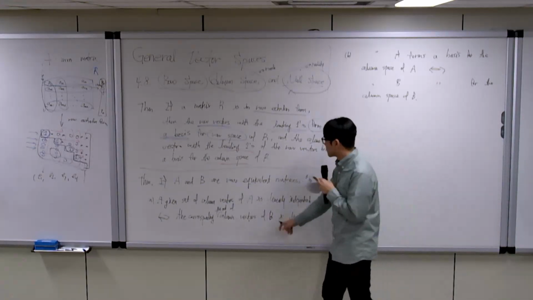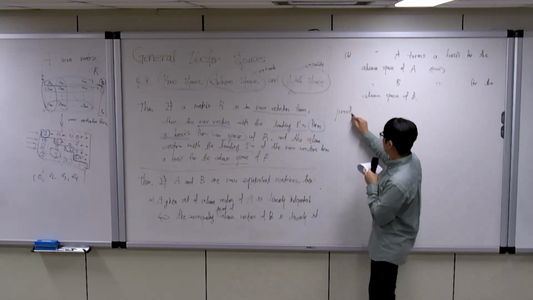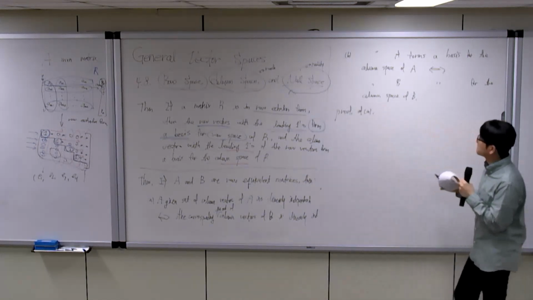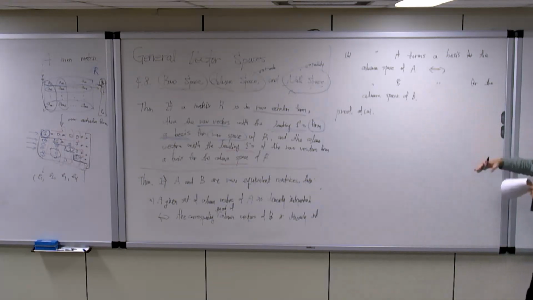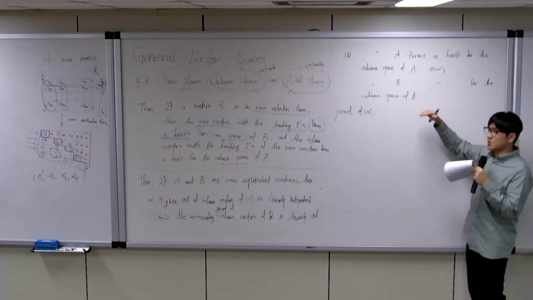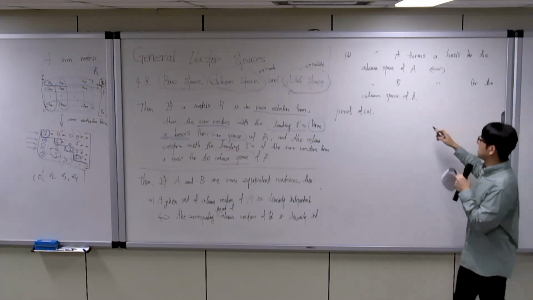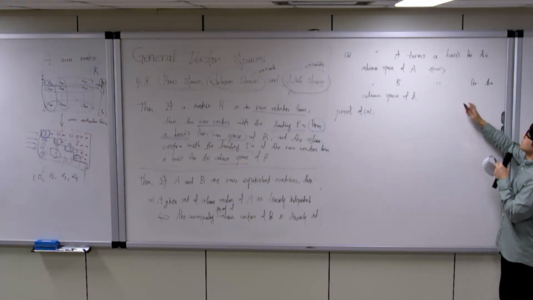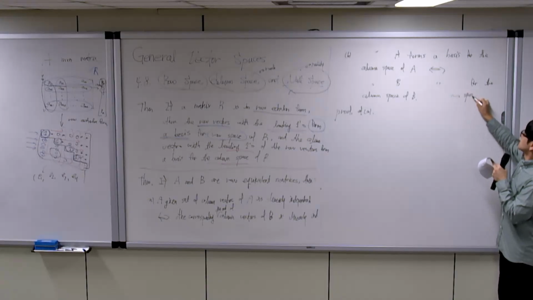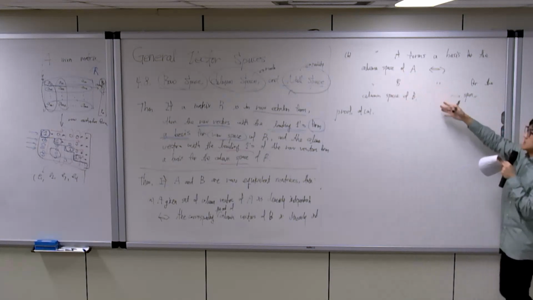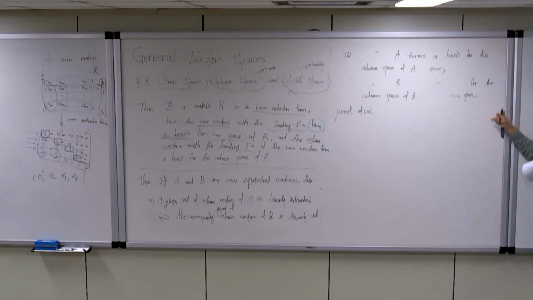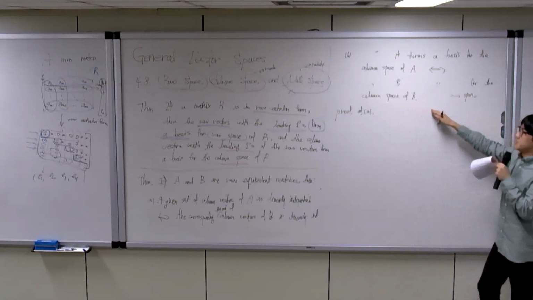Then I will prove just the linear independence part. Elementary row operations will change the column vectors, but when you consider the column space, the span of the columns of A goes to the column space of B, because the row operations only combine the entries in each column.